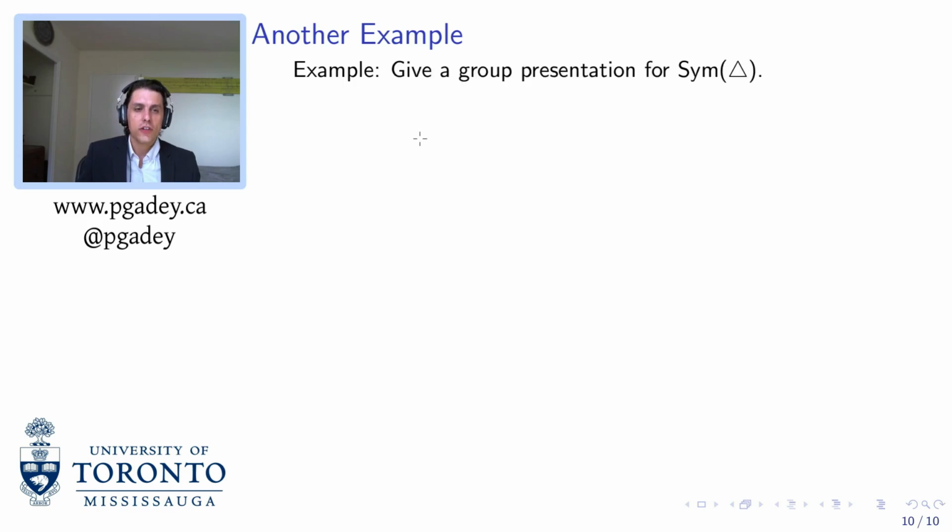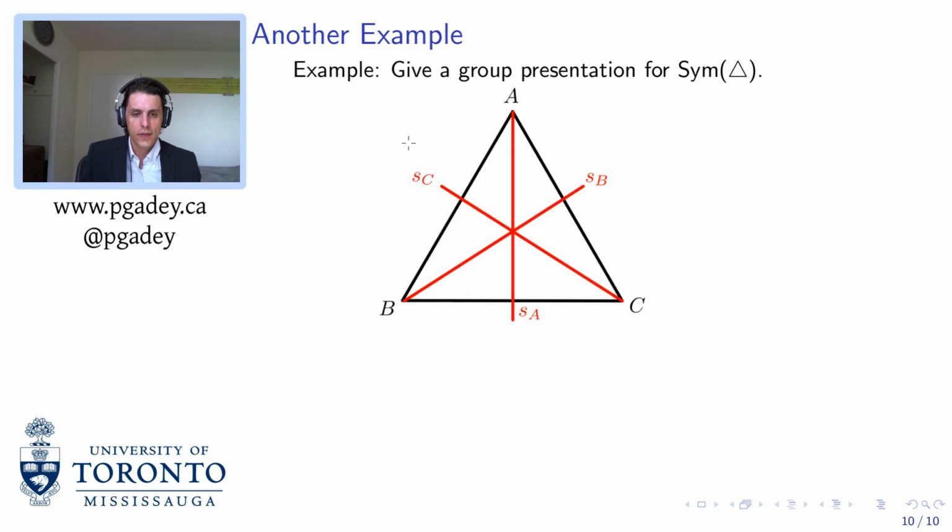So we want to give a group presentation for the symmetries of the equilateral triangle. As we mentioned, SA and SB generate the full group of symmetries. If we can reflect in SA and we can reflect in SB, then we can actually carry out all of the symmetries of this. How do we write the presentation, though?